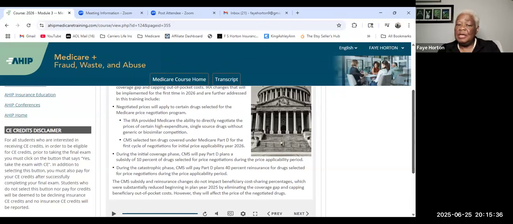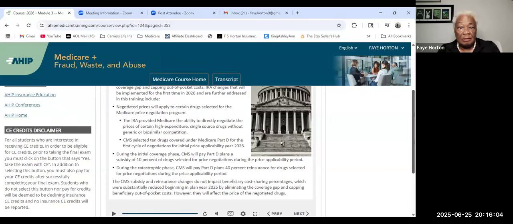The CMS subsidy and reinsurance changes do not impact beneficiary cost-sharing percentages, which were substantially reduced beginning in the plan year 2025 by elimination of the coverage gap and capping the out-of-pocket cost. However, they will affect the price of negotiated drugs.